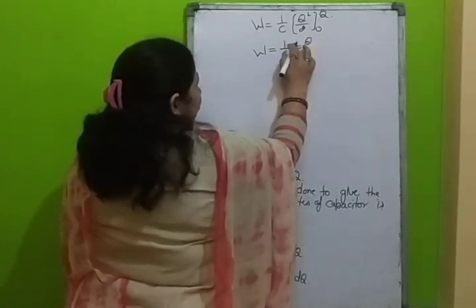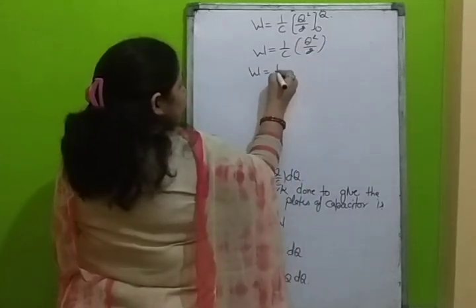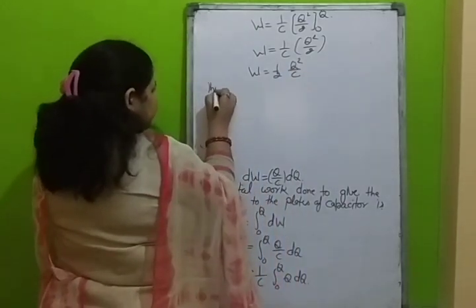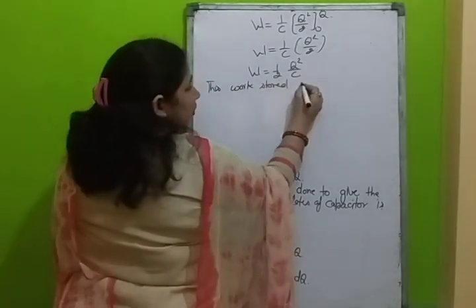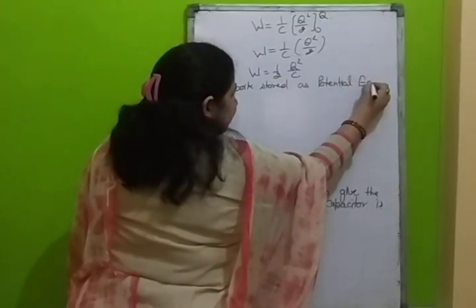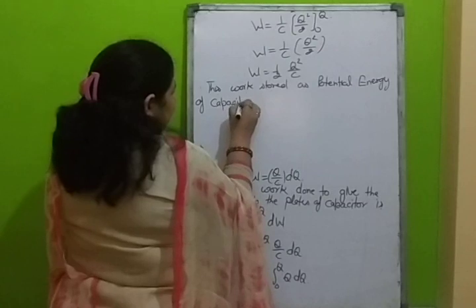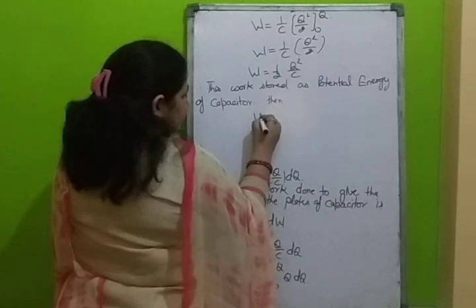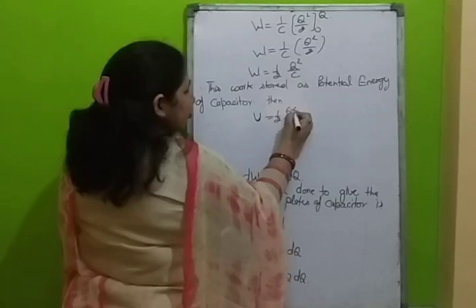So W is equal to half Q square upon C. This work is stored as potential energy of the capacitor. Then I will write capital U in place of W. This is the sign of potential energy. U is equal to half Q square upon C.